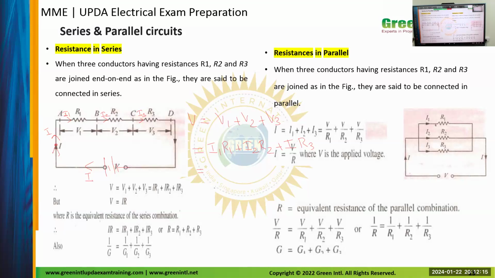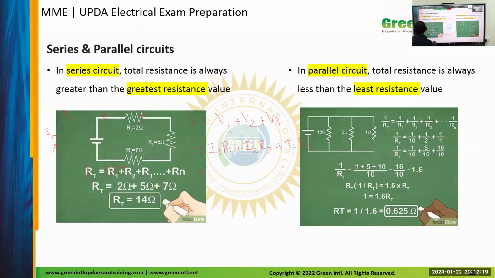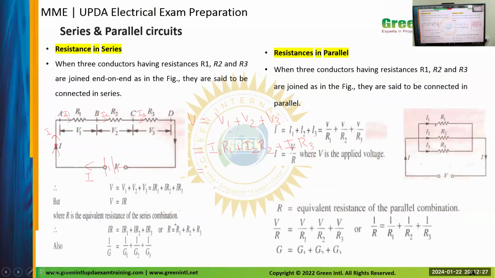So here there is no node point. That's why I1 is equal to I2 is equal to I3 is equal to I, because there is no node.